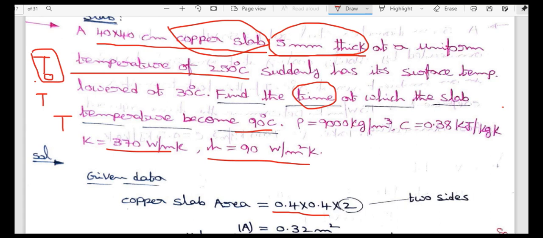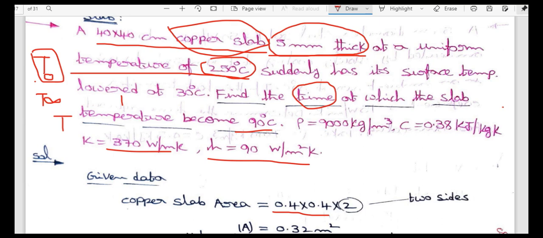Suddenly has its surface temperature lowered to, so this is the T infinity suddenly dropped. So the surface temperature is 250, maintained at uniform temperature for the copper slab, and suddenly has its surface temperature lowered to T infinity.